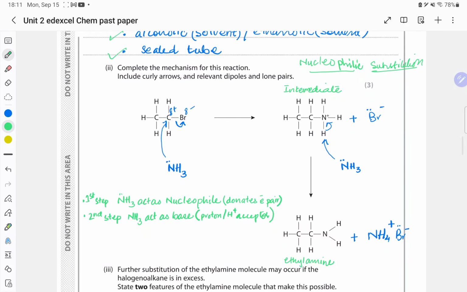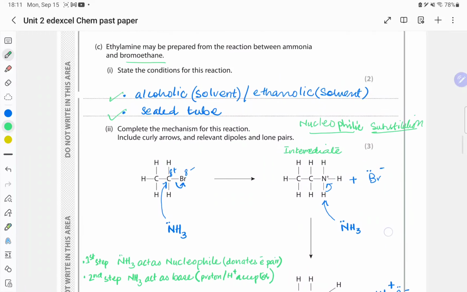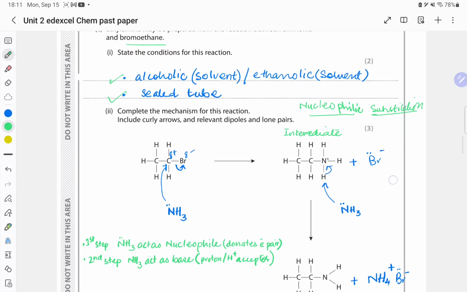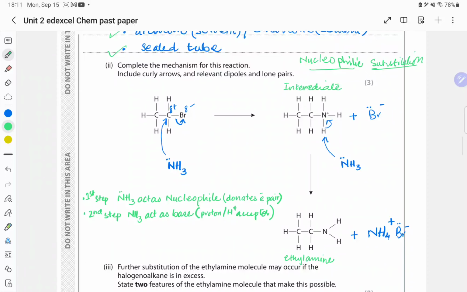Complete the mechanism for the reaction, include curly arrows and relevant dipoles and lone pairs. Here the reaction is between ammonia and bromoethane, the halogenoalkane, to give ethylamine, an alkylamine.